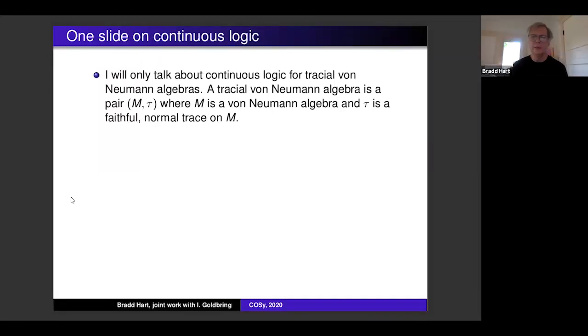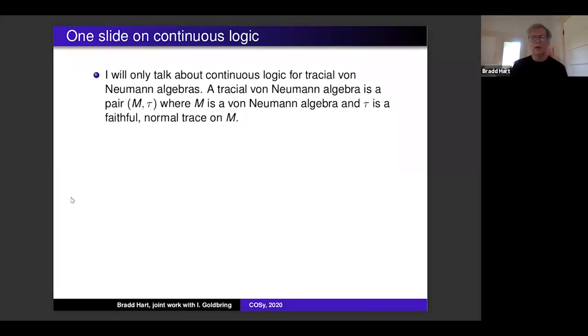It's a pair, a von Neumann algebra M together with a faithful normal trace on M. So we fix the trace. If it's a factor, then of course it's a 2-1 factor, then the trace is unique. But I'm going to be talking about situations where possibly the trace won't be unique. All right. So I'm only going to talk about continuous logic in that setting.